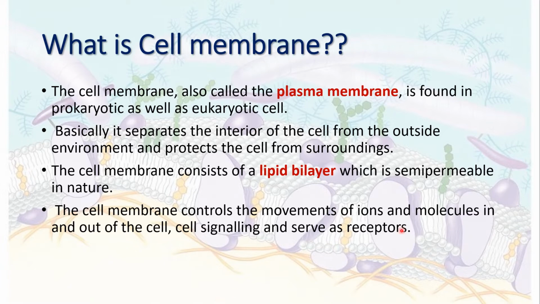I hope that you all understand what semi-permeability means. Let me tell you what semi-permeable means. It means selective choosing of molecules which can pass through the plasma membrane. Selective selection.